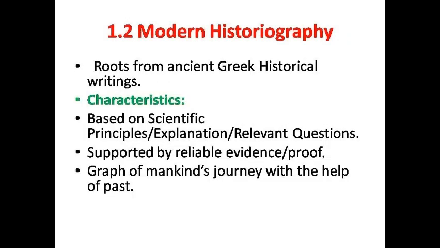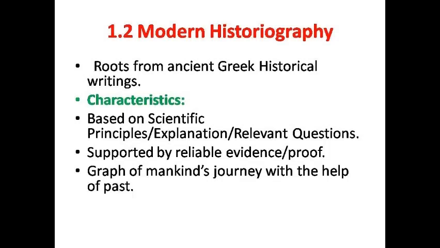Modern historiography has its roots in ancient Greek historical writings. You know, Greece was a place where you can find many historical writings. And what are the characteristics of these writings? They were based on scientific principles.